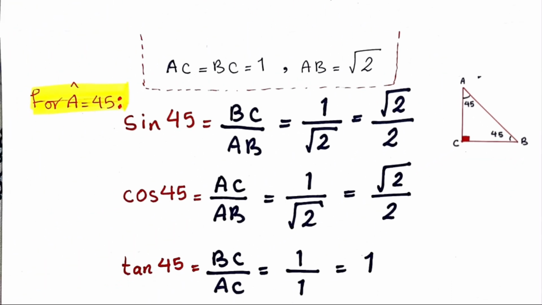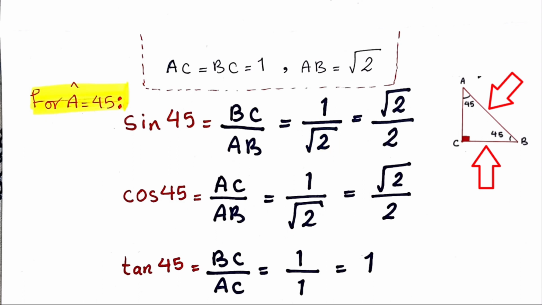I wrote the trigonometric ratios for angle A. As I said before, the sine of any angle is equal to the side opposite divided by the hypotenuse. So, sine 45 is equal to BC divided by AB. The size of the side BC is equal to 1, and the size of the side AB is equal to radical 2.